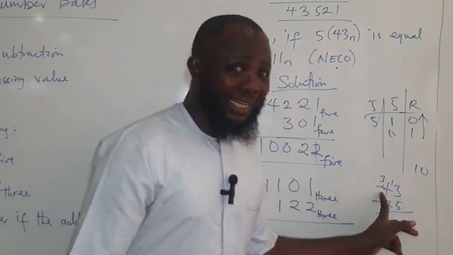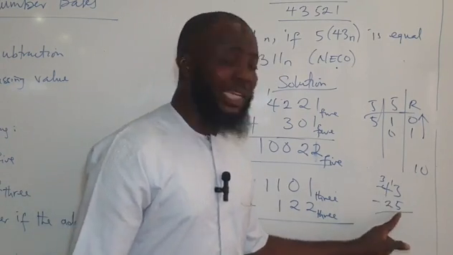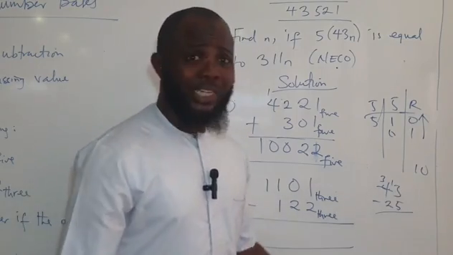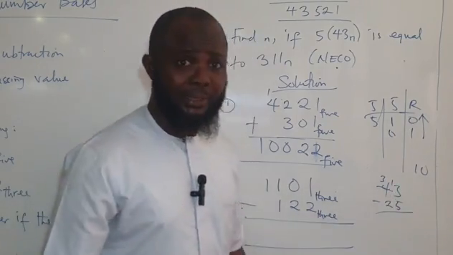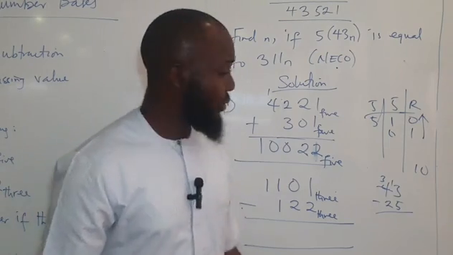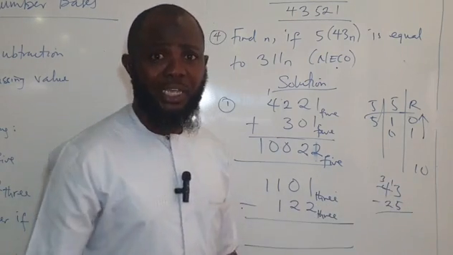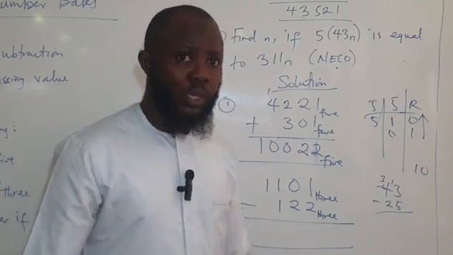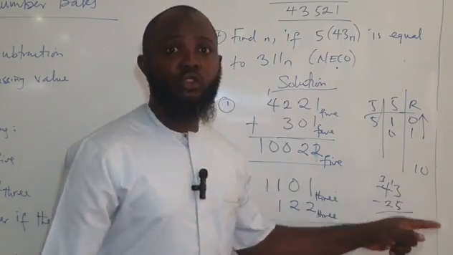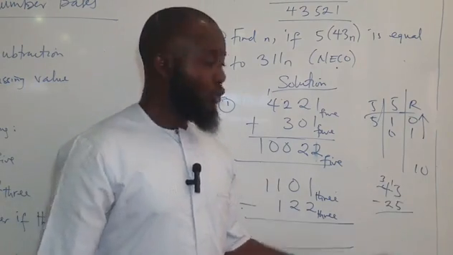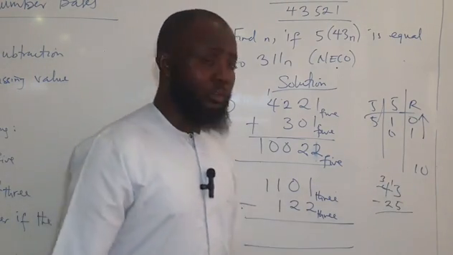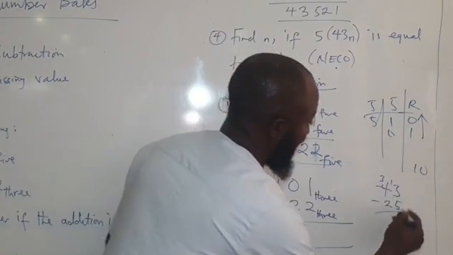It is 10, not 1. It is 10 because we are working in base 10. So 10 plus 3 gives 13. They will just say, just put the 1 in front of 3, it will turn to 13. No. It's that what you are borrowing has turned to 10 because you are in base 10. So 10 plus 3 is 13. 13 minus 5 gives 8. And this gives 1.